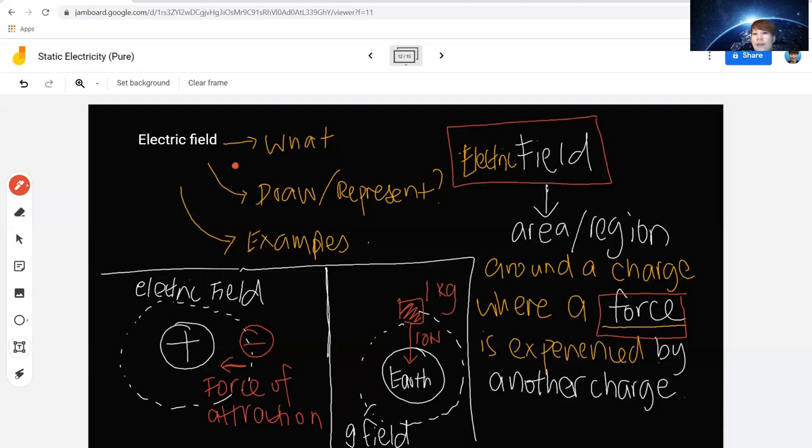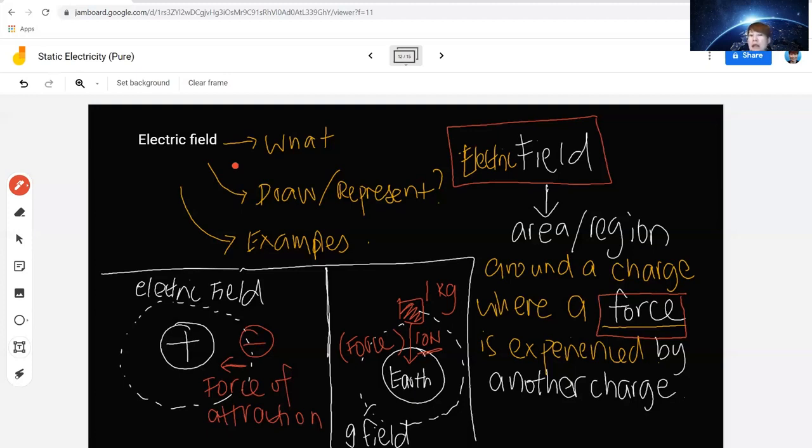So whenever the object is in the presence of the field, a force will be experienced. Even though fields are invisible to the eye, you just need to look at how the objects get pushed or pulled in the field. You know that there is a field surrounding it.